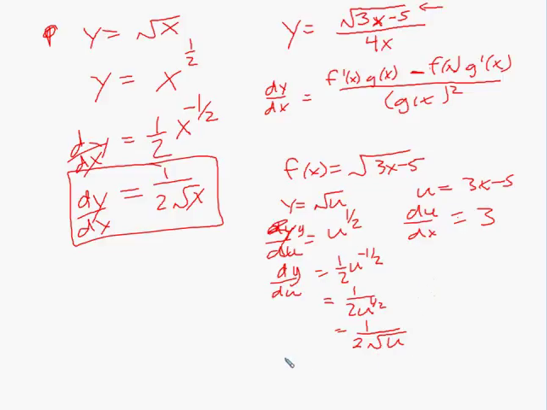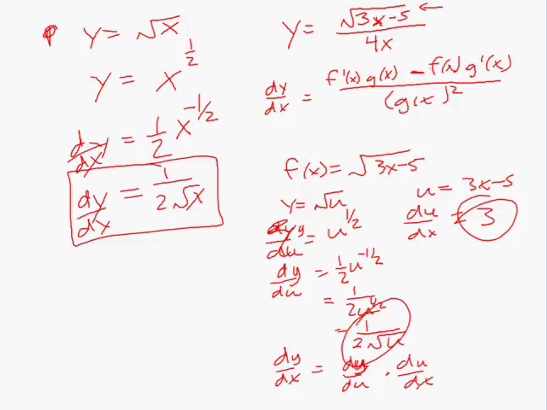Then apply the chain rule. dy dx equals dy du times du dx. So that's this times this. What's the denominator on this? 1.